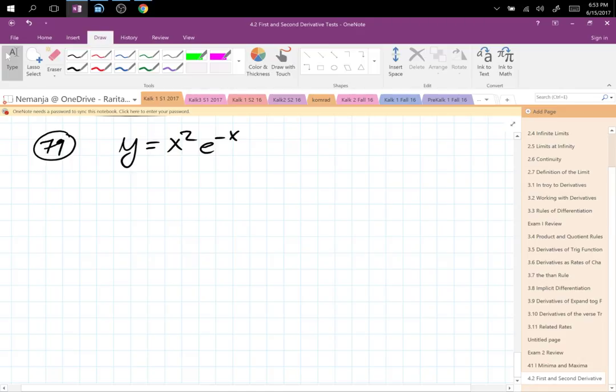That's why the exam stresses you out. So you take the first derivative, then the second derivative.